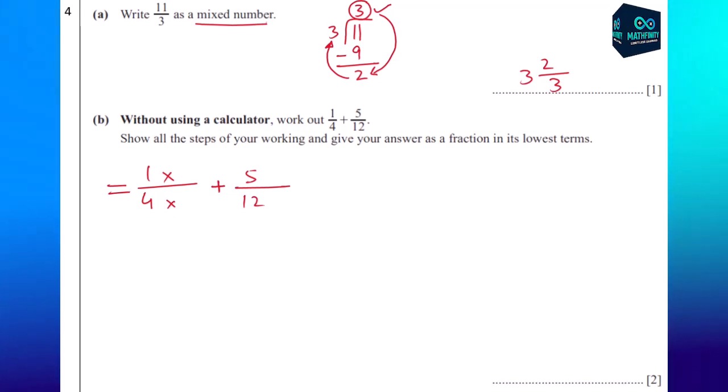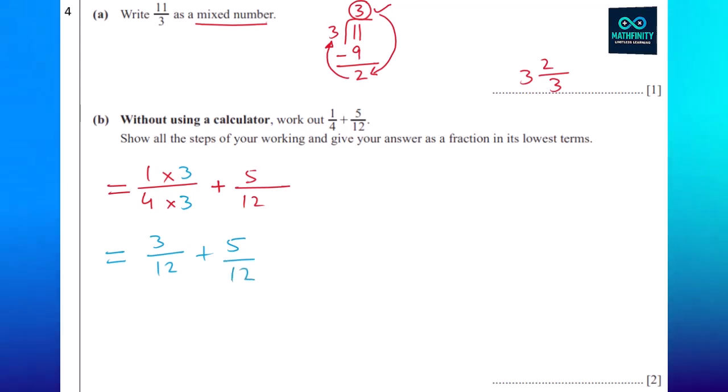So already we know that we have to make the LCM 12. So what number you will multiply by 4? It will be 12, 3 and 3 here. So we will get 3 over 12 plus 5 over 12.